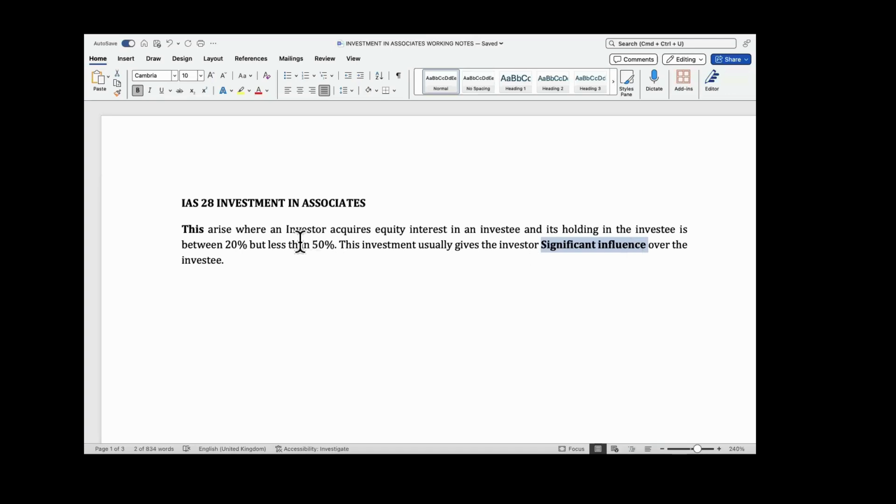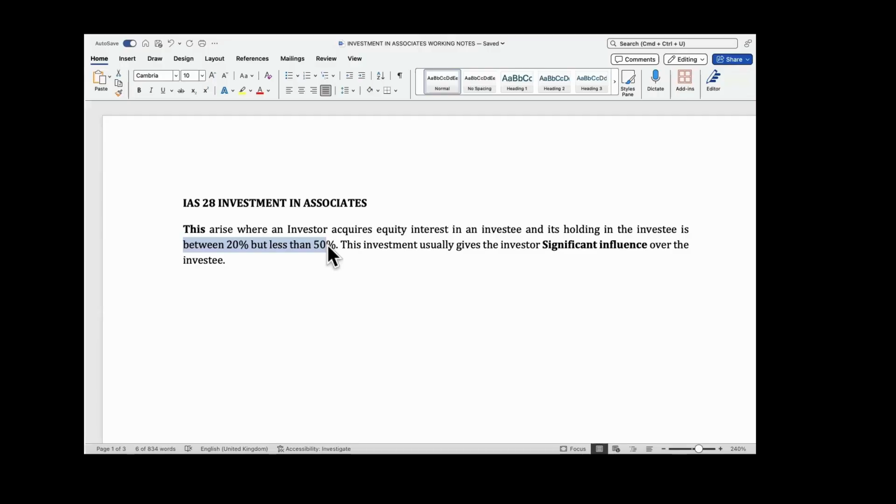And this power arises either as a result of voting rights, holding between 20% but less than 50%, or if you can demonstrate that he is represented on the board of directors, or there are material transactions between him and that investee, or there is exchange of key managerial personnel.